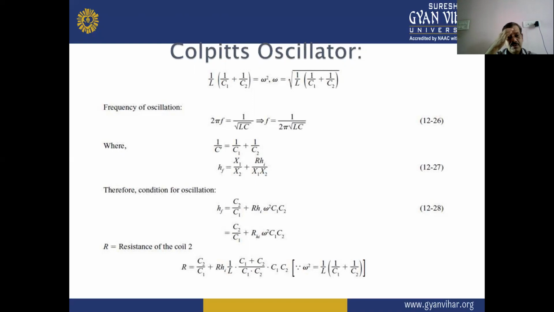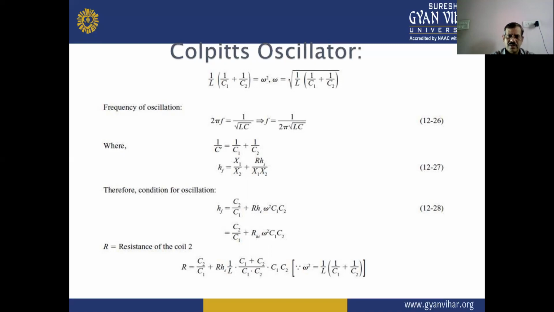So this is the frequency of oscillation of the Colpitts oscillator, where 1 upon C equals 1 upon C1 plus 1 upon C2. So hfe equals X1 plus X2 plus R hie upon X1 X2.